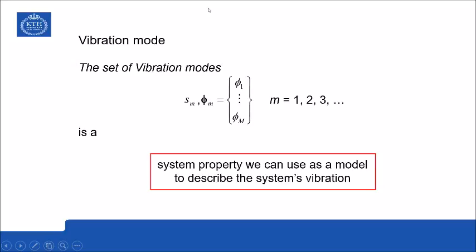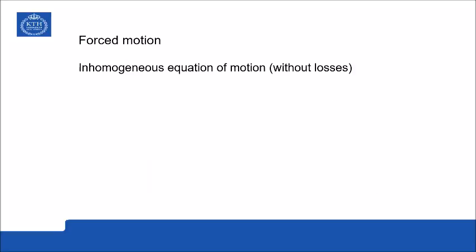Together, this set of vibration modes is a system property that we can use as a model to describe the system's vibration. And this is what we are going to use in this presentation.